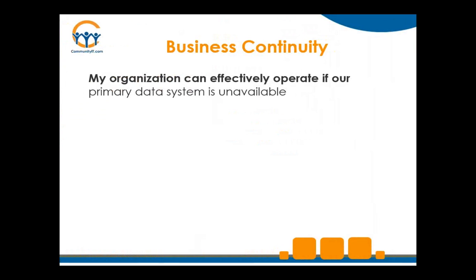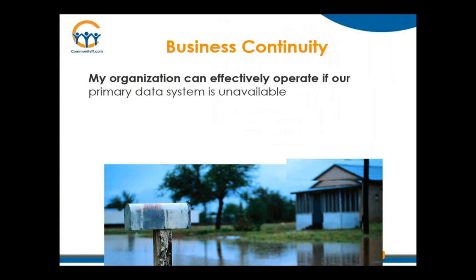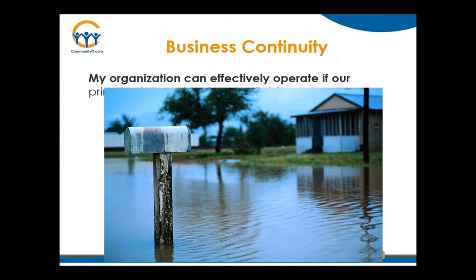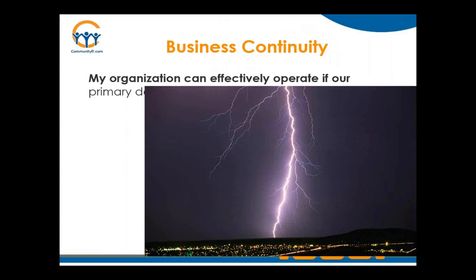Business continuity deals more with whether your organization can continue to operate if those IT systems are unavailable. Perhaps there's a fire in the office, a flood that knocks out all the IT systems, or even more dramatic, some serious storms that knock out power and fry some electronics.